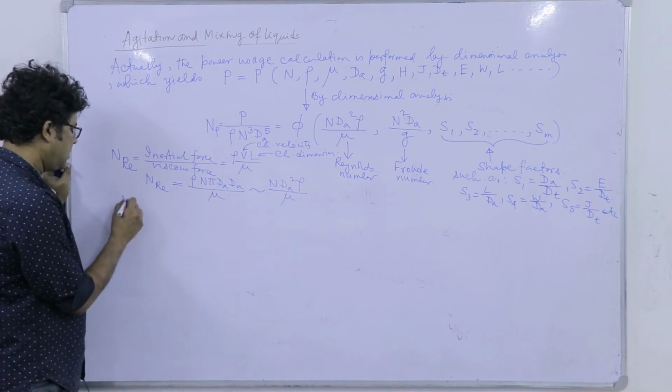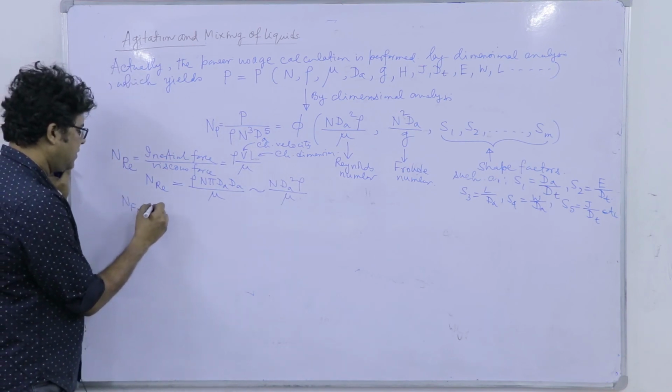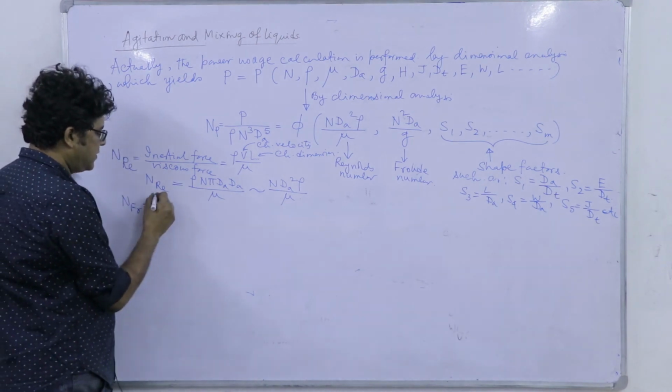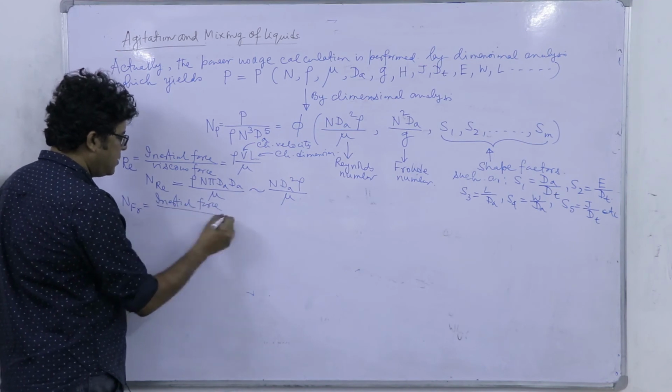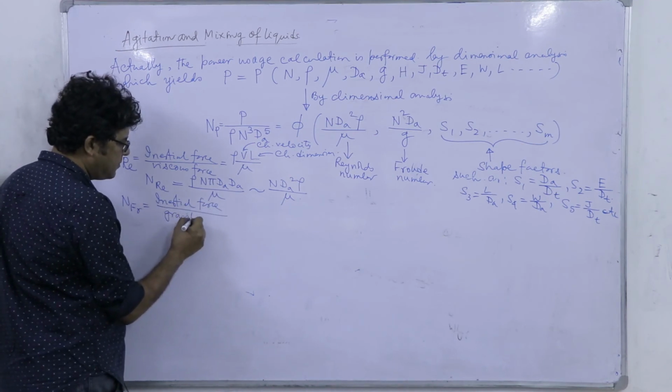Now NFR, Froude number, that's the inertial force by gravitational force.